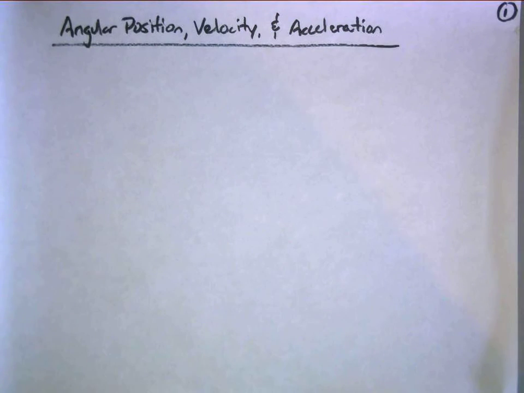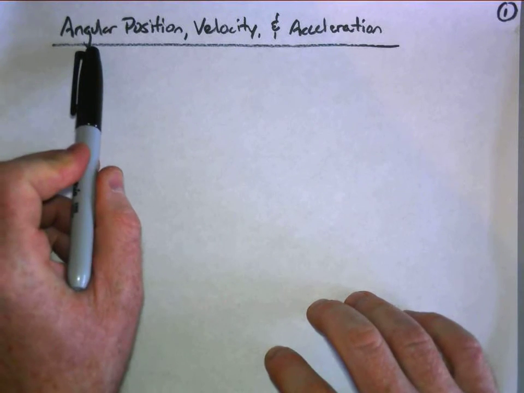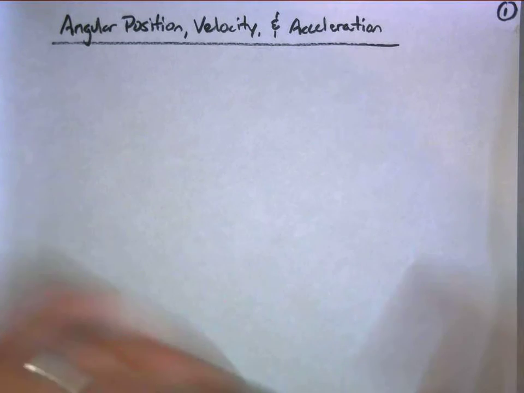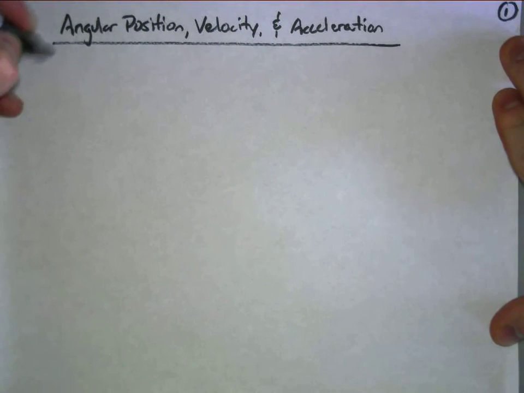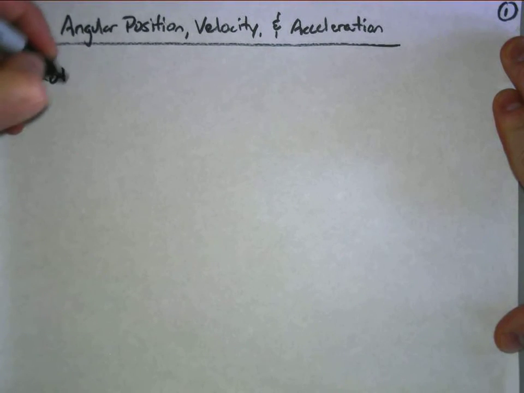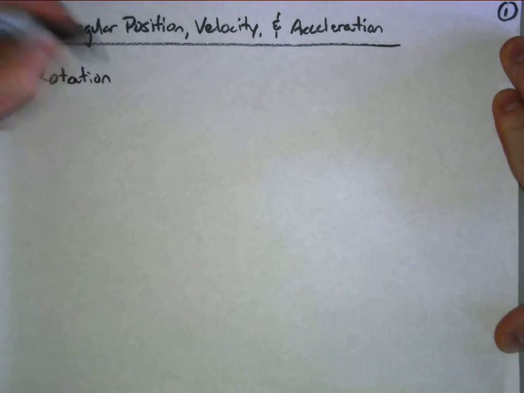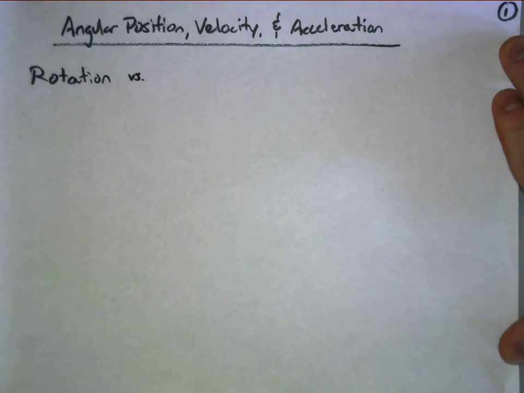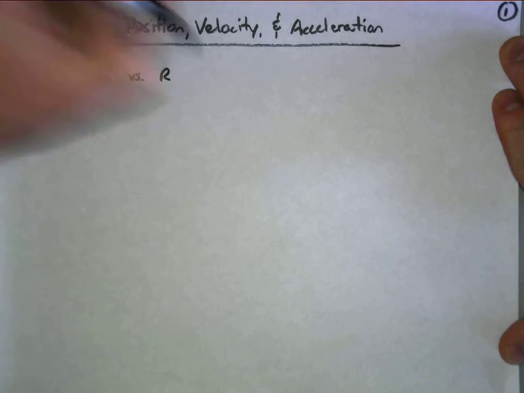In this video we're going to be looking at some new ideas related to angular position, velocity, and acceleration, obviously. But what we're really talking about is objects that are rotating. When we say angular, that's a reference to any object that's going to be rotating. And so from the beginning, it's very important to understand the difference between what we're talking about here with rotation as opposed to something moving in a circular pathway where you would say it is revolving.